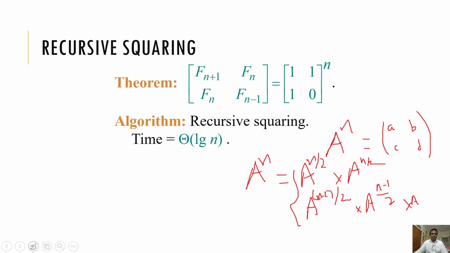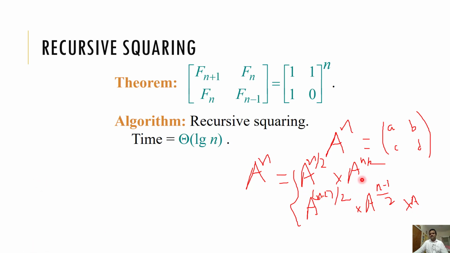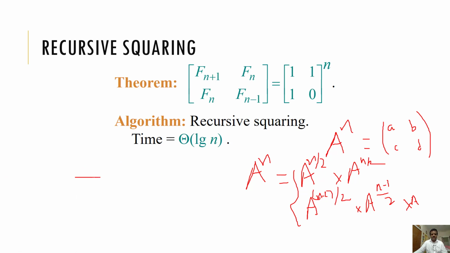So, to solve this we can just recursively call this solution, and that will be reduced to size n by 2. So, this is a divide and conquer technique, and it is the same formula. So what will be the recurrence?